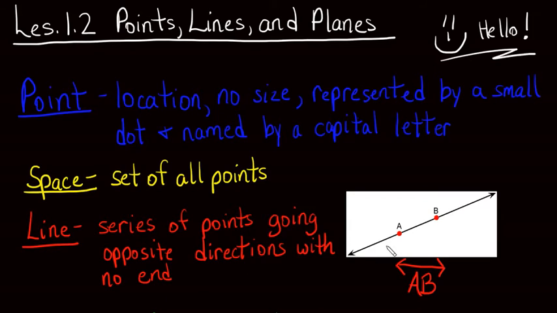So here I have a picture of a line. Notice the arrows. Here is how you show me that it's a line when you're writing it down. You put the 2 points, A and B, and you draw the never-ending arrow up above it. So that's how you show that.